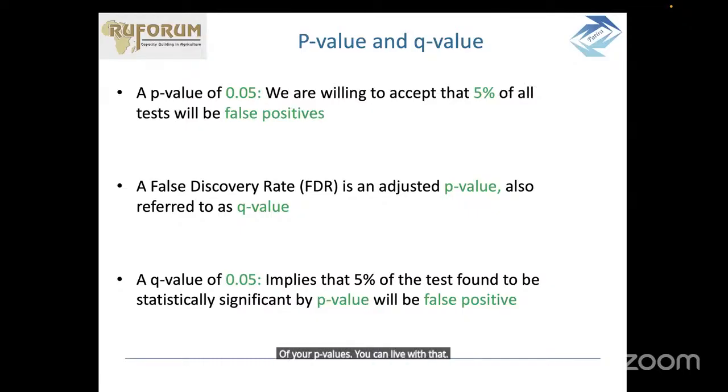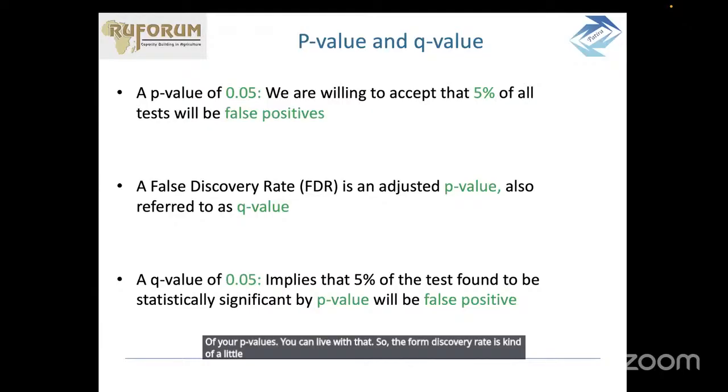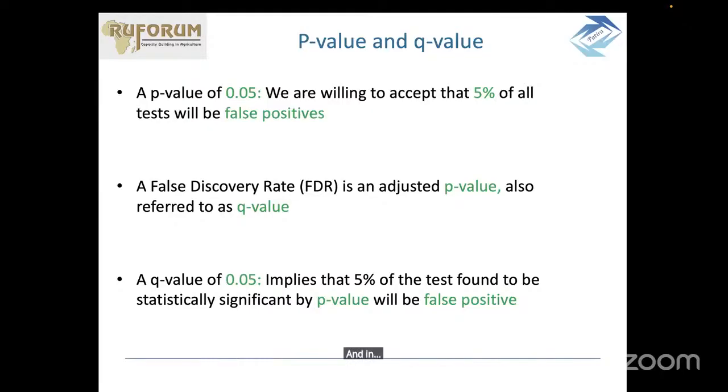So the false discovery rate is a little bit conservative. In RNA-seq, they use false discovery rate because we have thousands of genes. So this is the adjusted p-value.